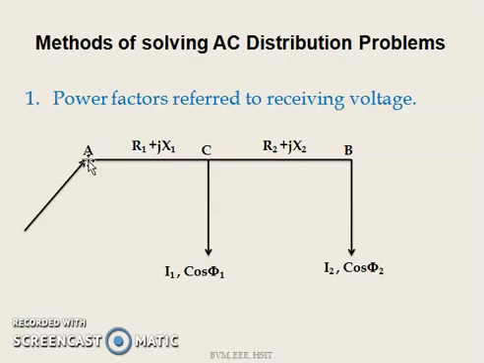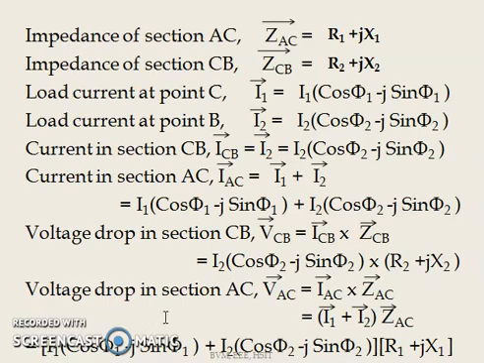The current is IAC, which is I1 plus I2, multiplied by the impedance R1 plus jX1. So the voltage drop in section AC, VAC, is equal to IAC multiplied by ZAC.